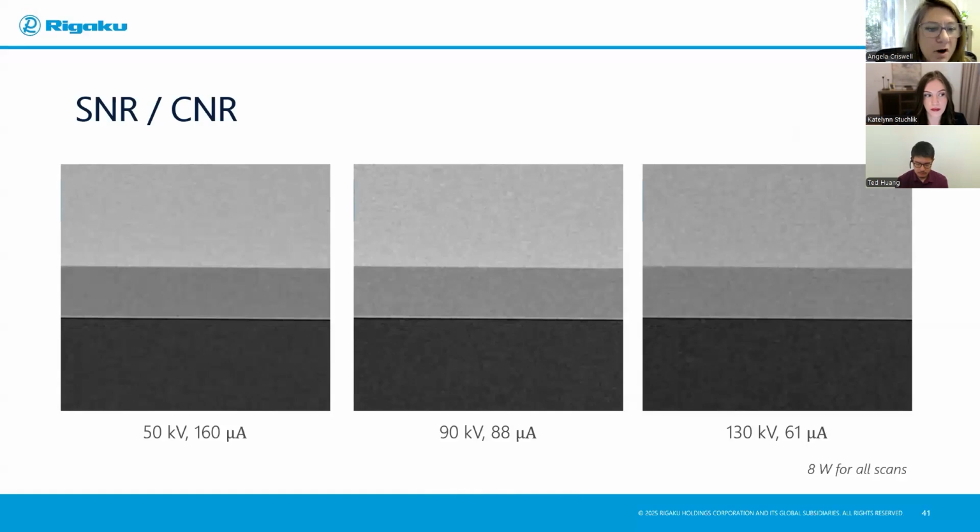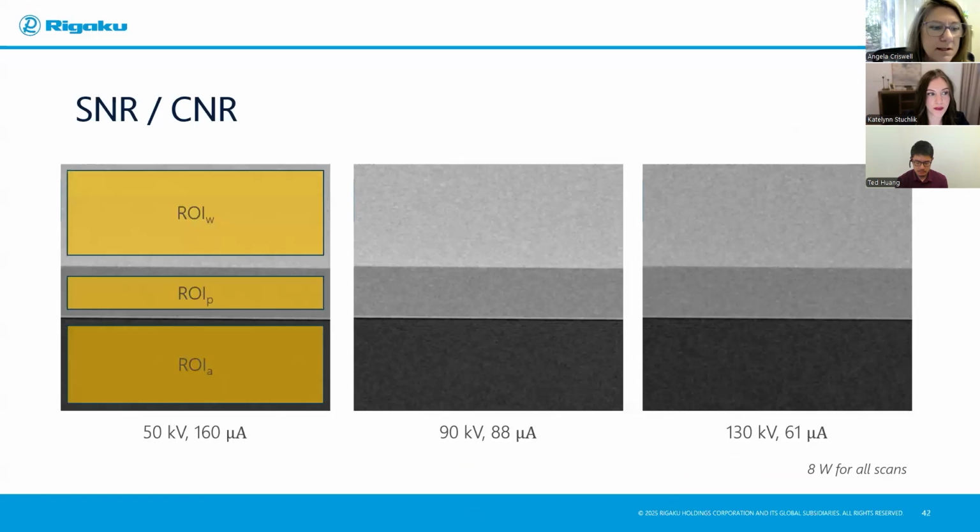So here are 2D cross-section areas of data collected for that same sample at 50 kV at 160 microamperes, 90 kV 88 microamperes, and 130 kV 61 microamperes. And you're probably saying, hey, you're changing lots of stuff. Well, the important thing is that all of the scans are collected for 8 watts, basically a consistent power setting. And we'll talk more about why that's important in a few minutes.